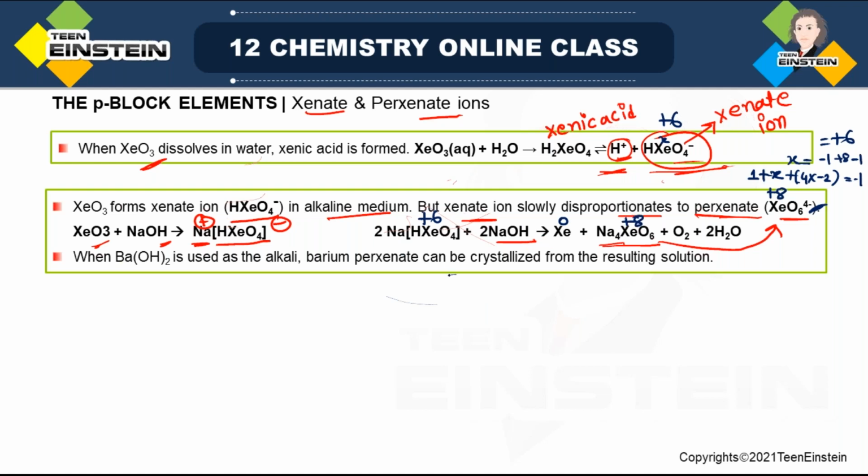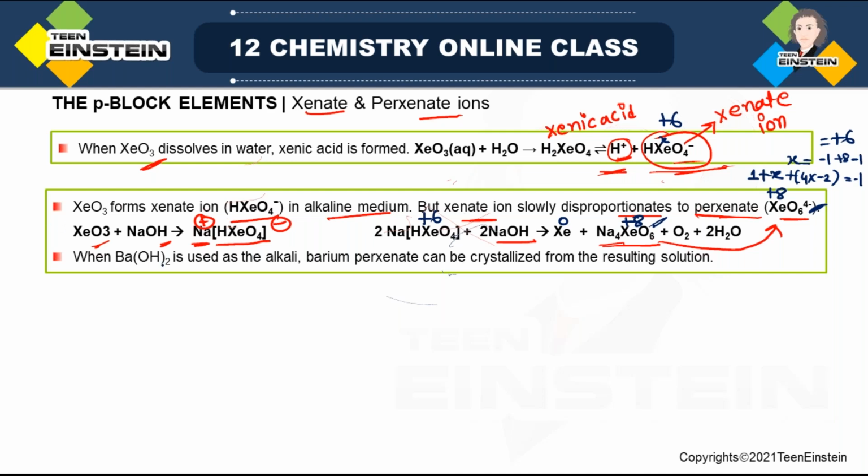That means it is disproportionation, because the same species is simultaneously undergoing oxidation and reduction in the same equation. From plus 6 to 0 means it is gaining electrons, and from plus 6 to plus 8 it is losing electrons, that means oxidation. That is why it is disproportionation. So you are getting Perxenate from the disproportionation reaction of xenate.